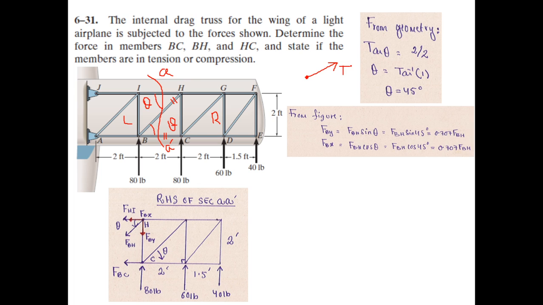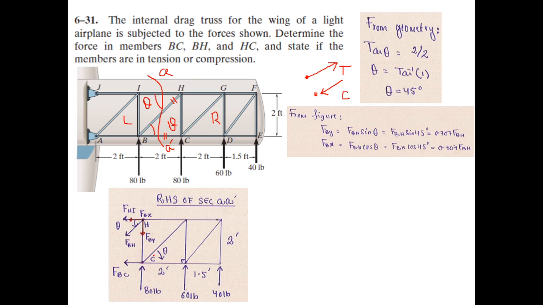So this is a tensile force. And if the direction is shown towards the point of contact, then it is compressive. So you observe that I have shown all these forces acting away from their point of contact here and here. So these are all tensile, but this assumption is purely arbitrary. You can also assume them to be compressive, that is acting towards the point of contact.